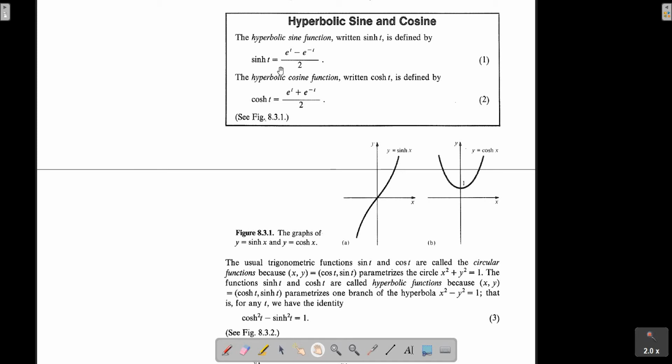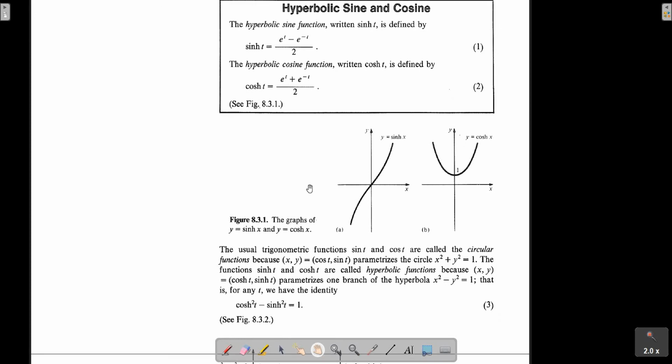Sinh t is the correct pronunciation. Sinh t is equal to e raised to t minus e raised to minus t divided by 2. Next, the hyperbolic cosine function is defined as cosh t. Cosh t is equal to e raised to t plus e raised to minus t divided by 2. That is the hyperbolic cosine function.